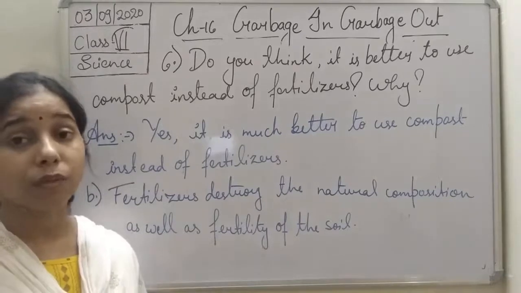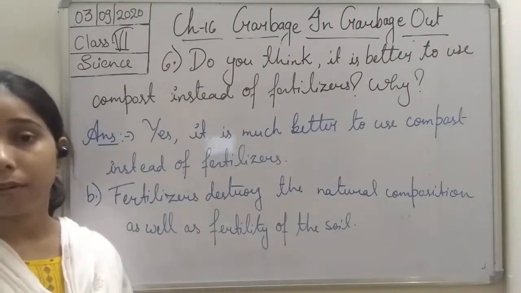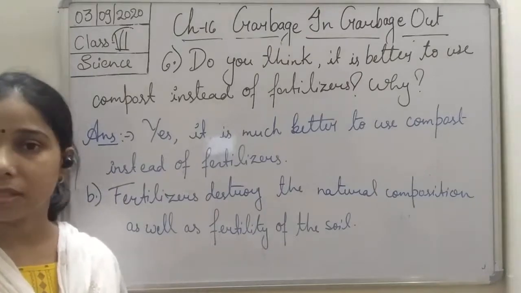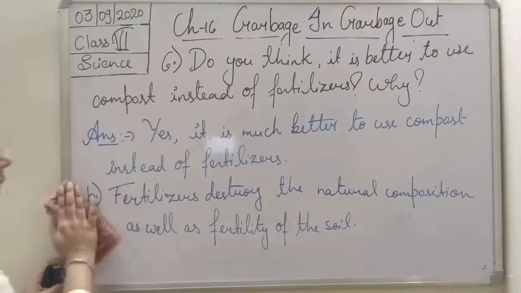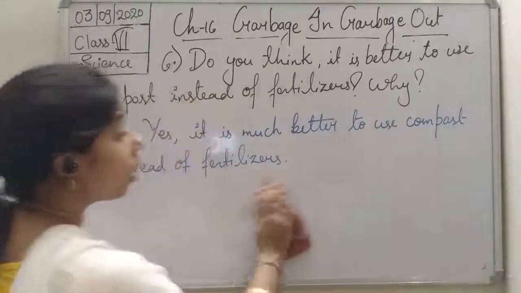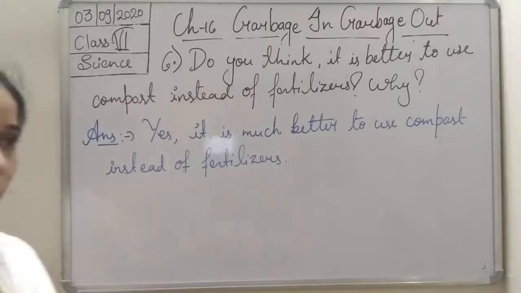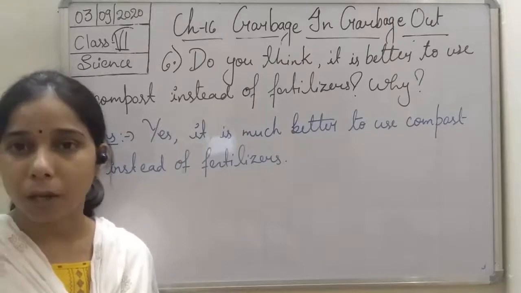While compost, students, was eco-friendly and good for our soil because it increased the fertility of the soil. If we talk about the next one, composting, why do we need to do composting, students? So you will say to get the manure. So how do we do the composting? By disposing the garbage.